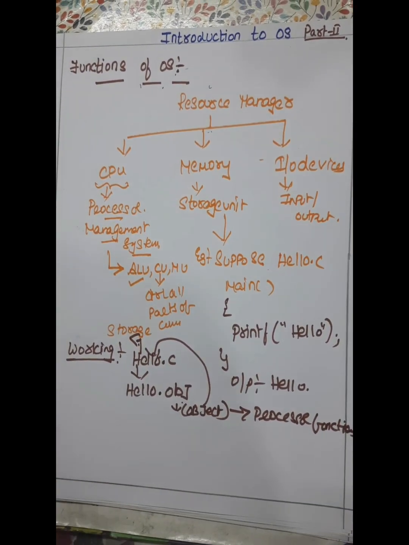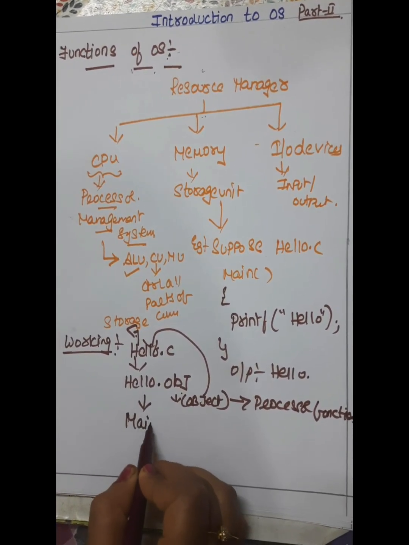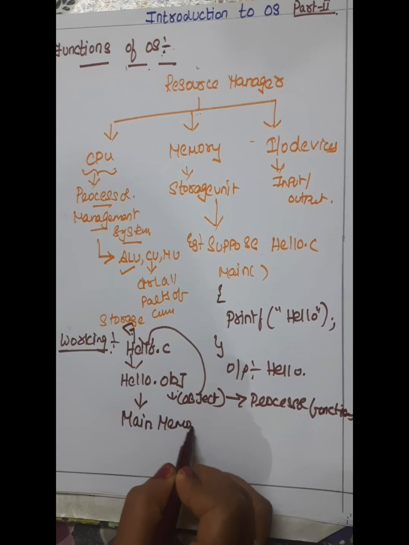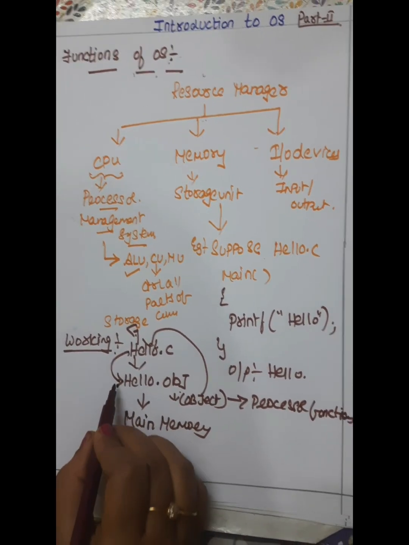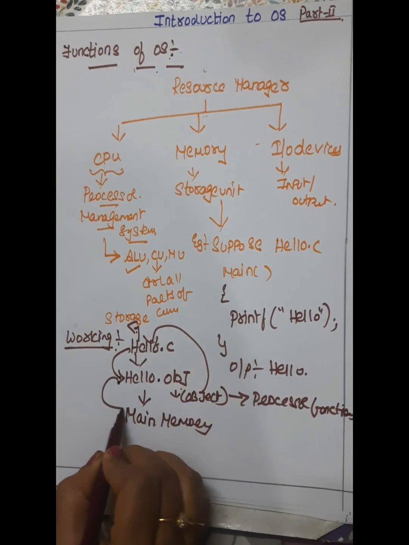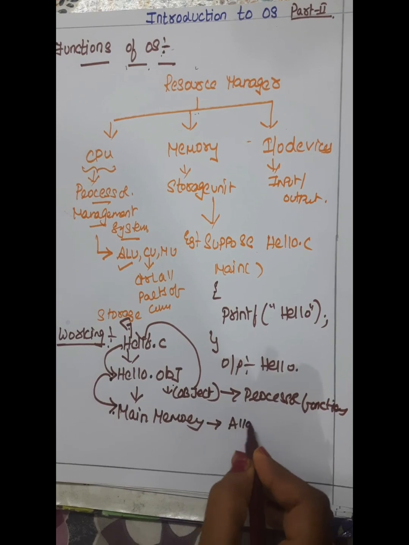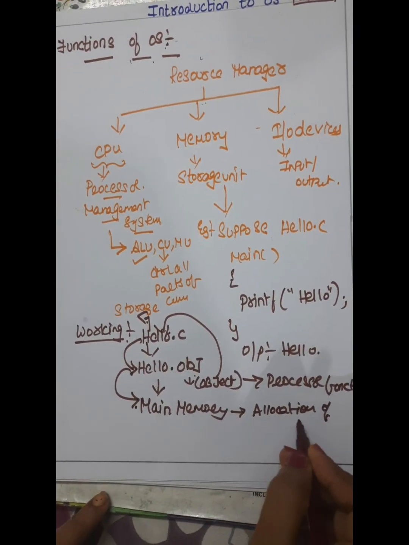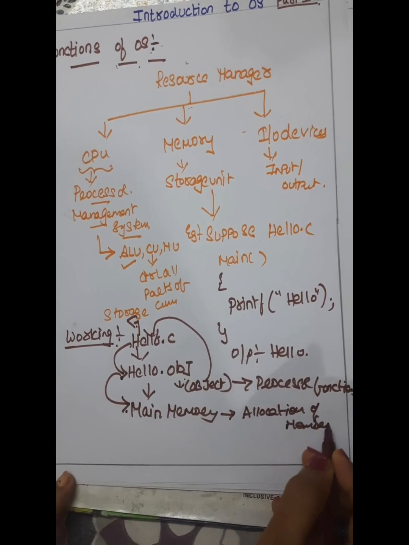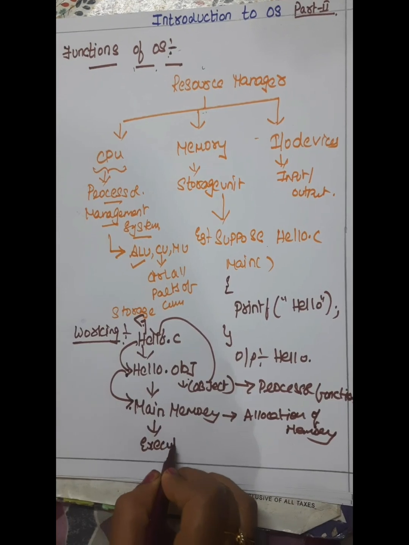Okay. Now this processor function converts into the main memory, meaning for the hello.c it created an object, and for this object it created the memory, meaning allocation of memory. After allocating memory, directly it executes the statements.